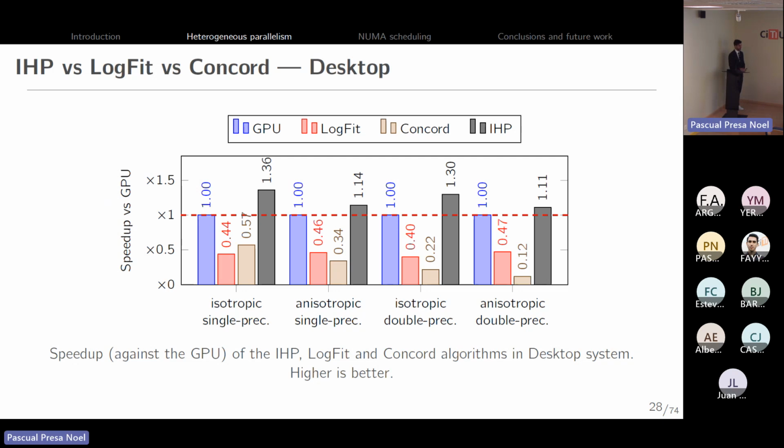Sin extenderme demasiado, voy a comentar algunos aspectos relacionados con la parte de Thanos. Es una parte muy interesante de introducción, de trabajos relacionados, donde hablas de algoritmos implementados en espacio de kernel y en espacio de usuario, sus ventajas y sus inconvenientes. Y hablas en particular de que hay aplicaciones específicas que pueden requerir bajo tiempo de respuesta.